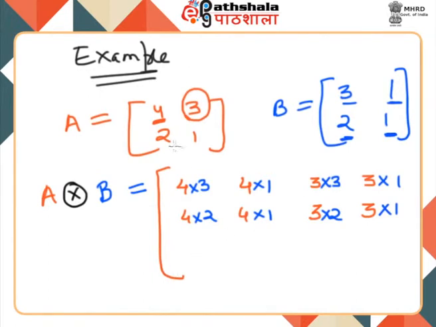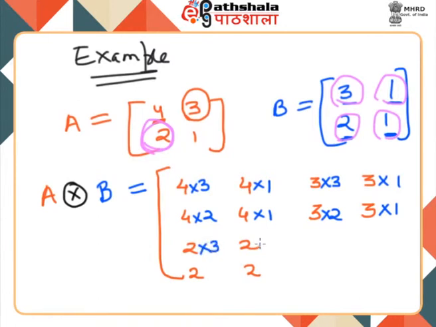Similarly, we now take this particular element of the matrix A, it is 2, and we write 2 at these 4 places, and we multiply by 3, then 1, then 2 and then 1 in these respective places. That is, what we get is 2 multiplied by 3, 2 multiplied by 1, 2 multiplied by 2 and 2 multiplied by 1.